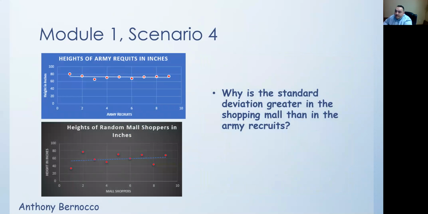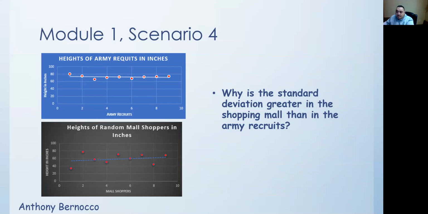Scenario 4 is the Army recruits. Why is the standard deviation greater in the shopping mall than in the Army recruits? Standard deviation would be greater because you have more of a random selection of people in the mall than in the Army recruits.